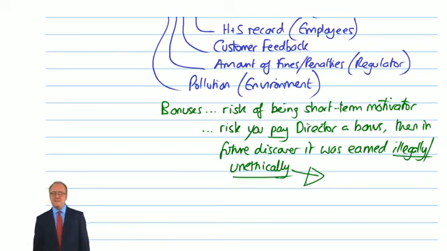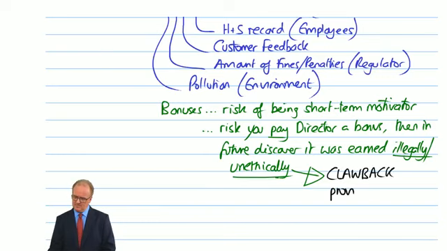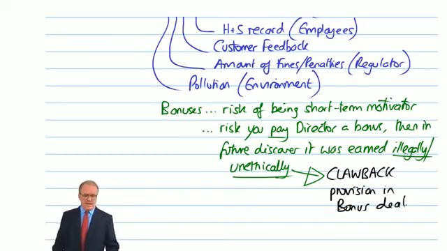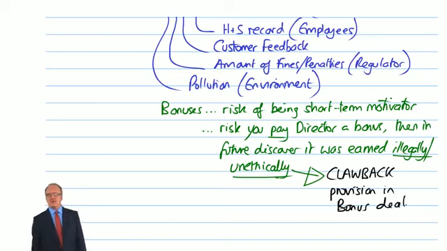Well, what a lot of companies are now doing is they are putting a clawback provision in the bonus deal, which may mean, yes, we'll pay you your money, but if at any point in the next 3 years, 5 years, we discover you've been naughty, we have the legal right to make you repay it to us.